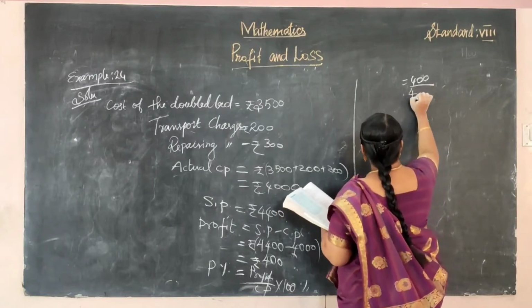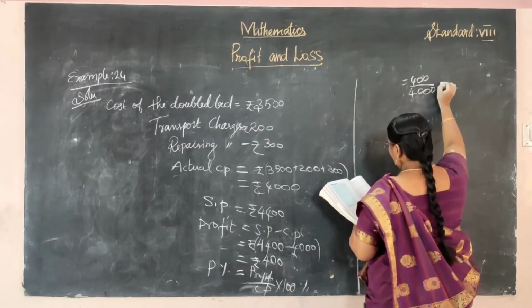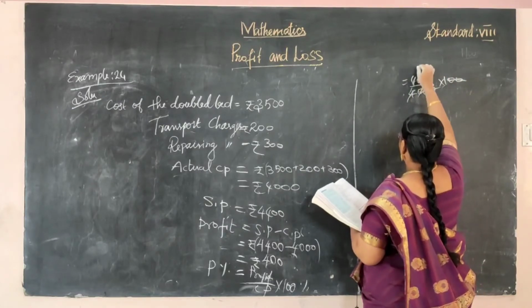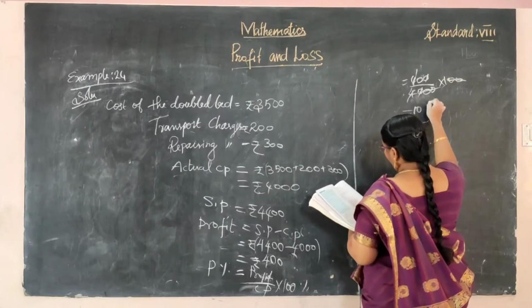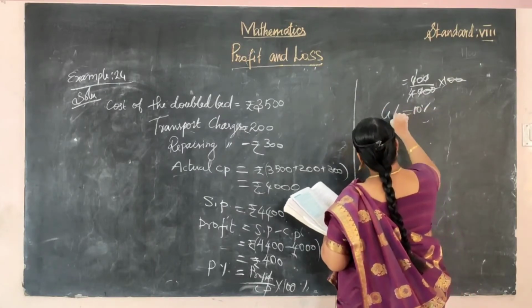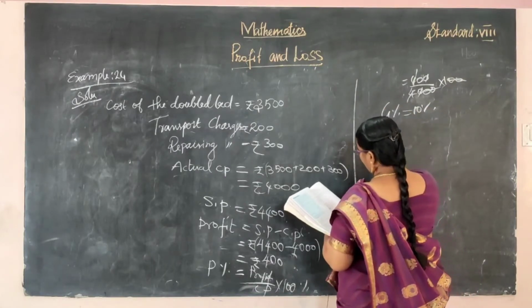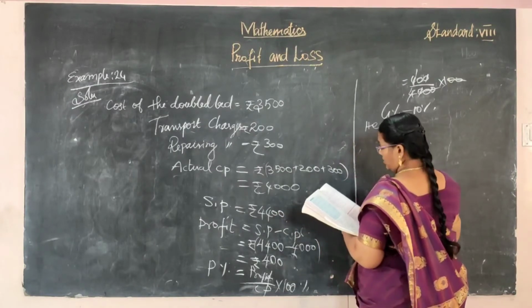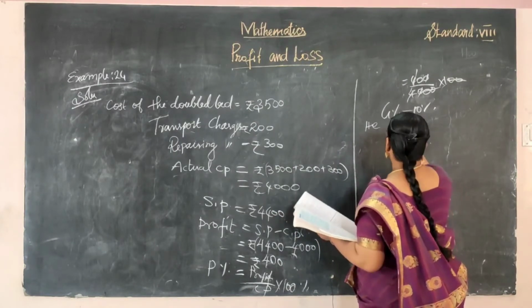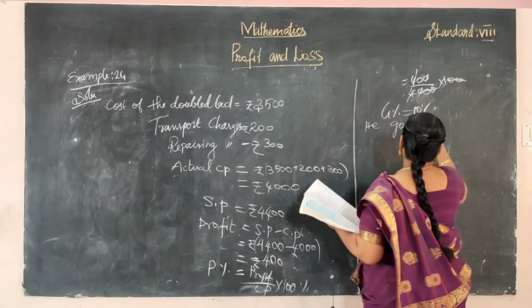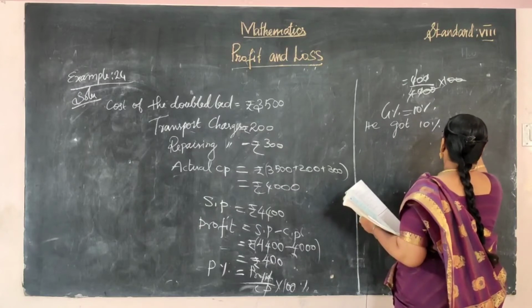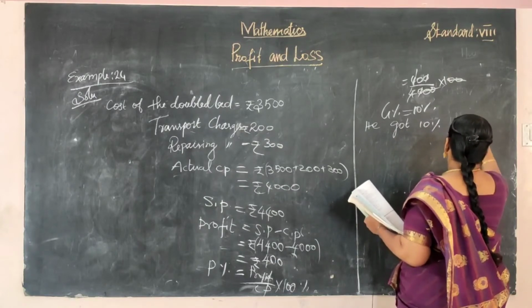Actual cost price is 4,000 into 100. So 10 percentage. So gain percentage is equal 10 percentage. He got 10 percentage gain.